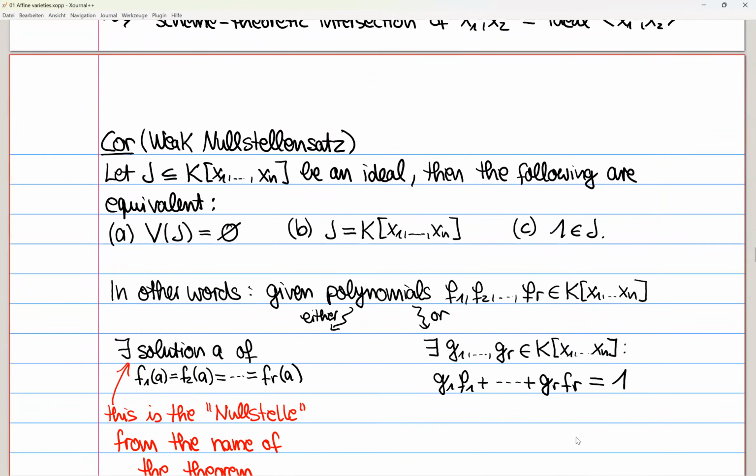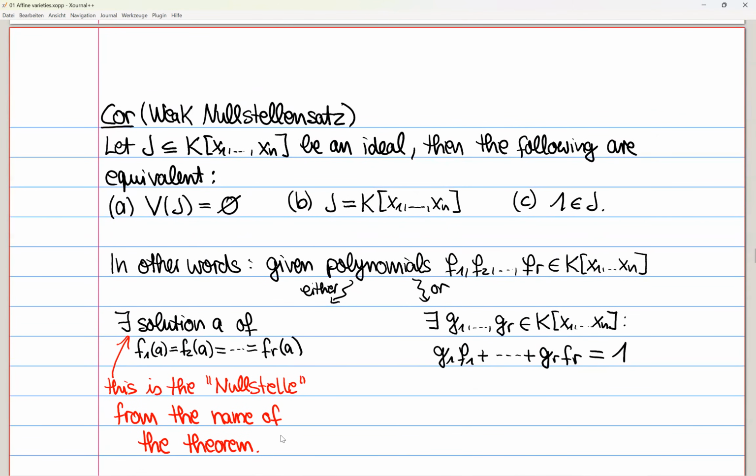In other words, if you are given a finite list of polynomials, which would be the generators of this ideal, then one of two possibilities must occur.